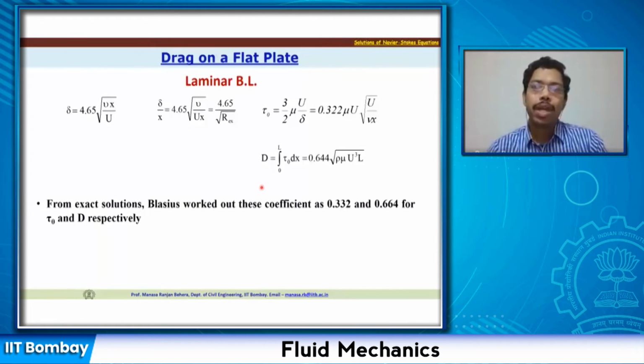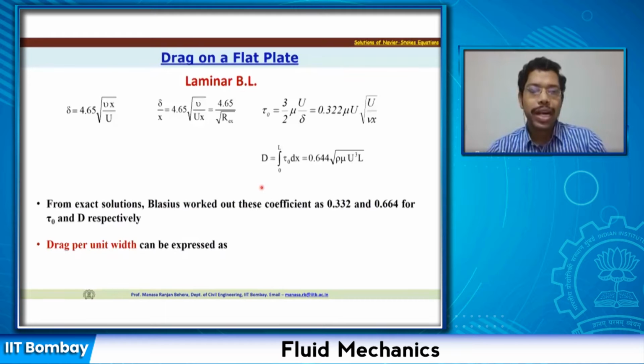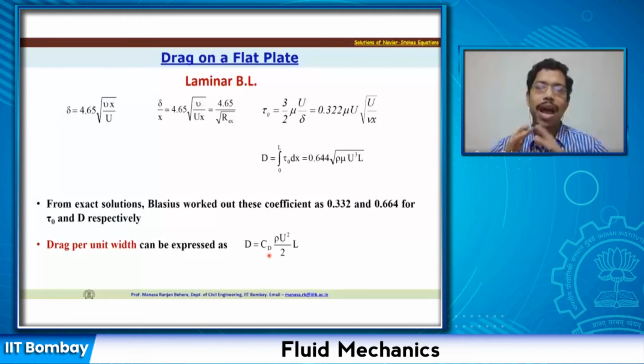Now the drag per unit width we can write down as D equals C_D. This is a standard expression. Half C_D rho u square is the drag force, and per unit width over a length it is going to be C_D rho u square by 2 multiplied by L, length.